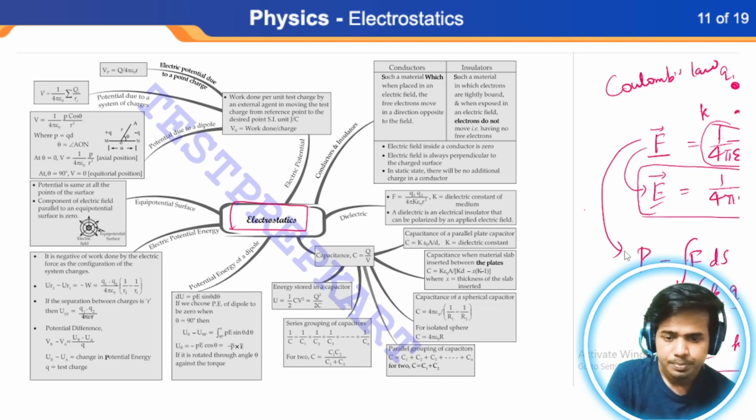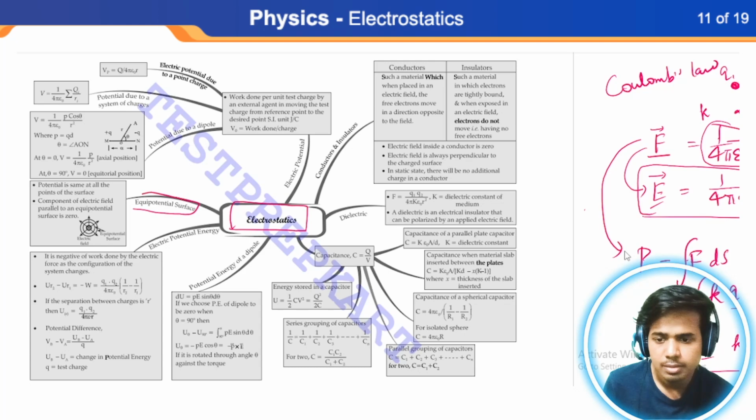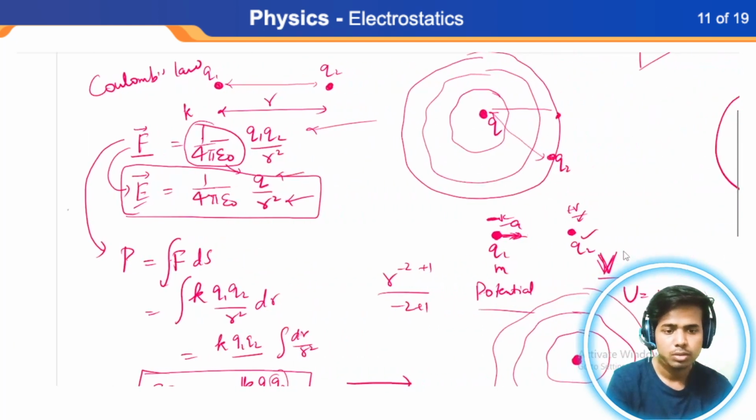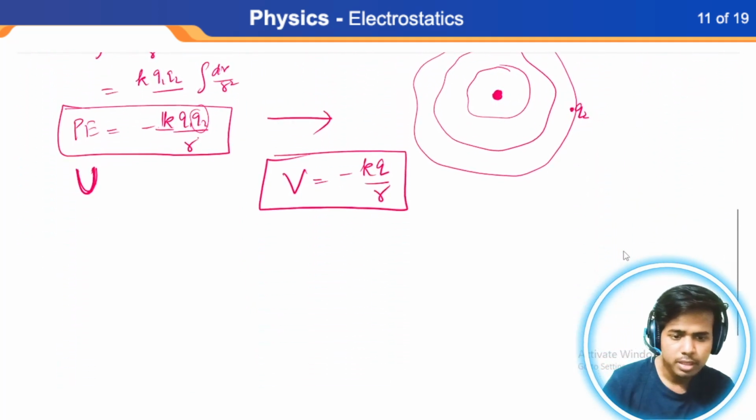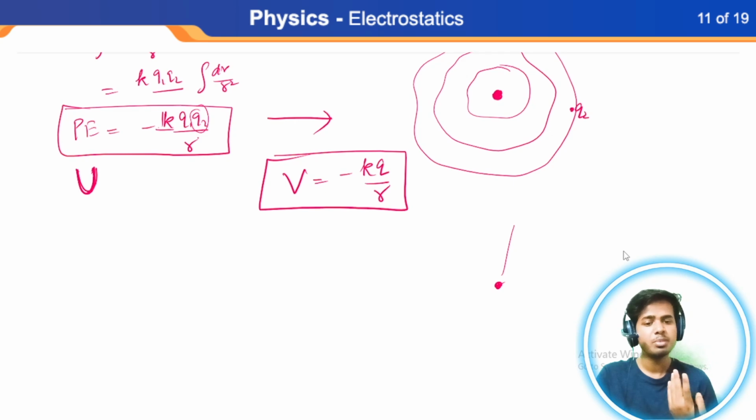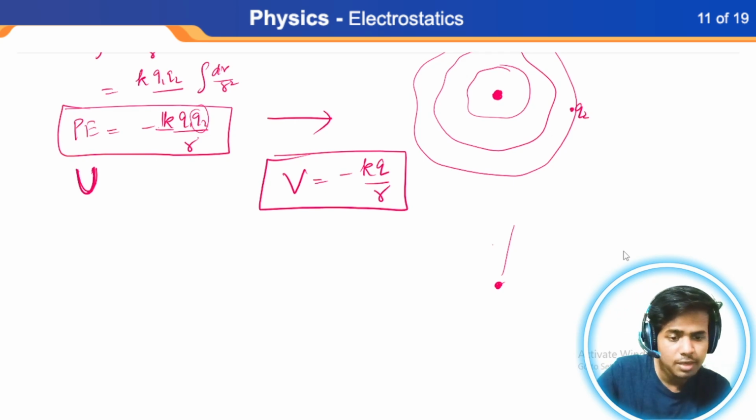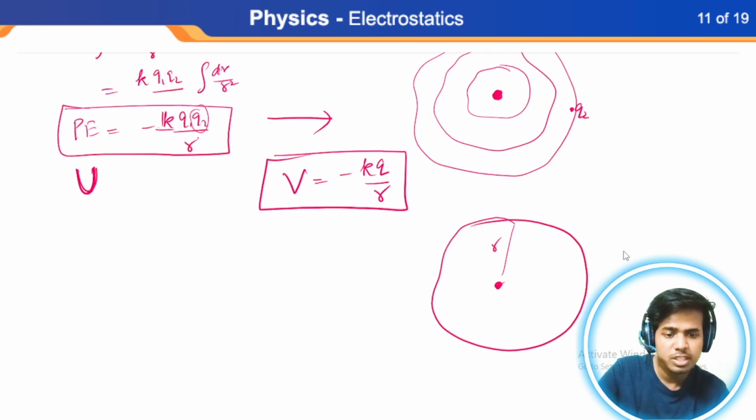Now there is something called equipotential surface. All right. Now there's this point charge around which, at r distance, there may be many points which are at r distance away. There can be n number of points which are in the shape of a sphere.